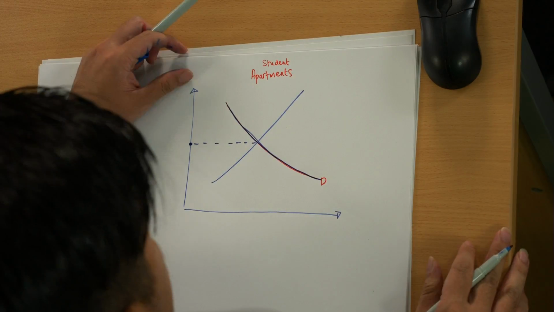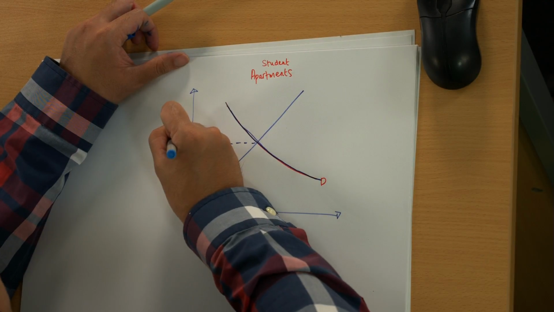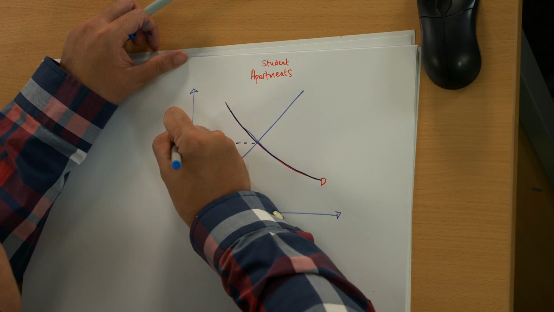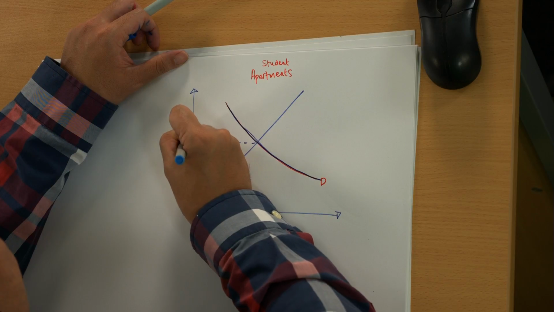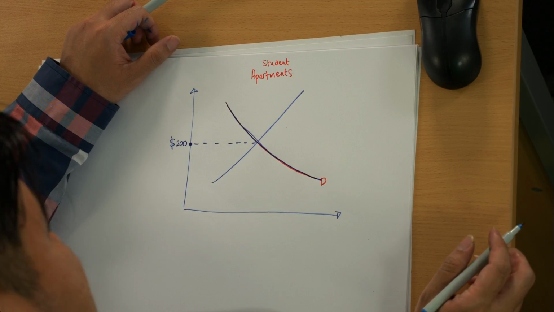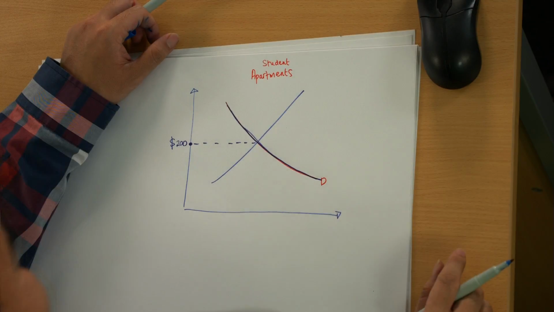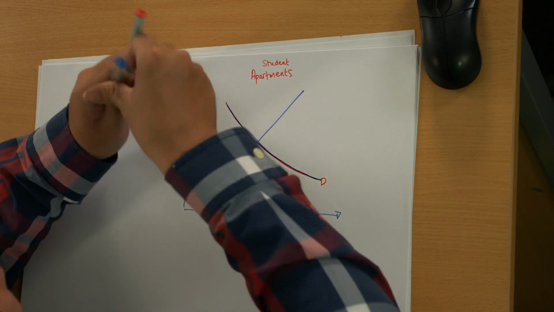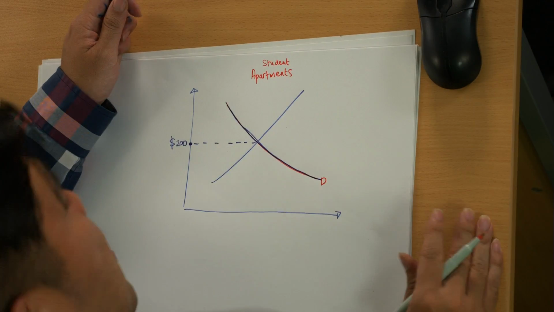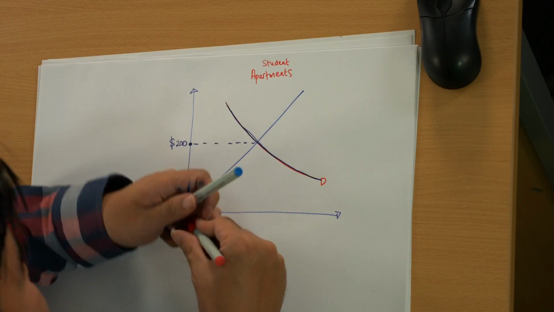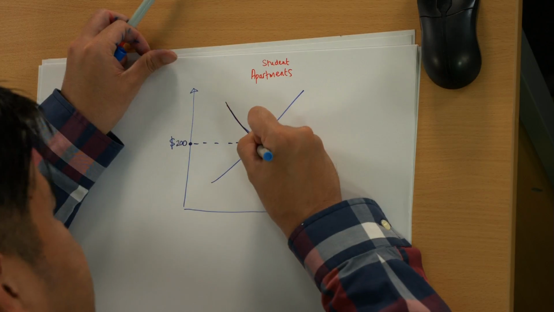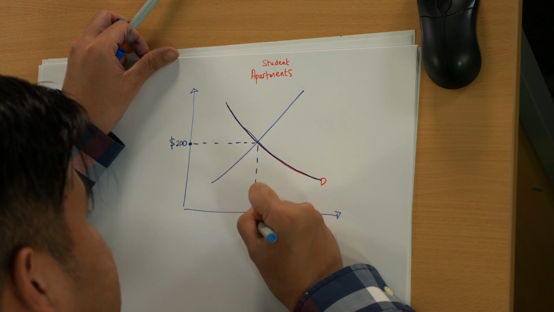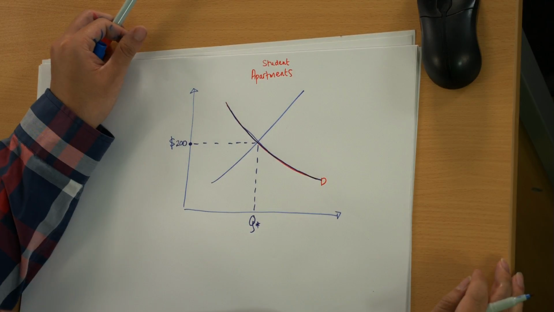Say the market price for a student apartment per week according to the market is $200. $200 per room, say. For you to have a room in one studio apartment, $200, guys, per week. And the quantity that is demanded will be that Q star.